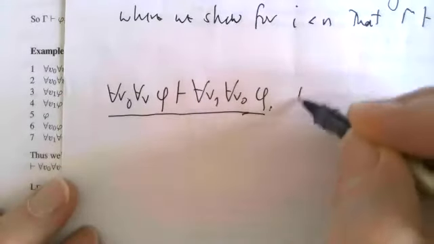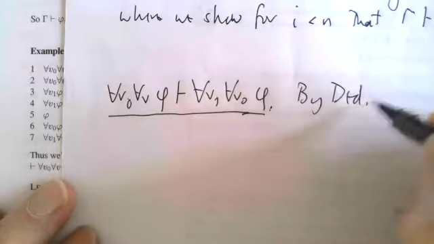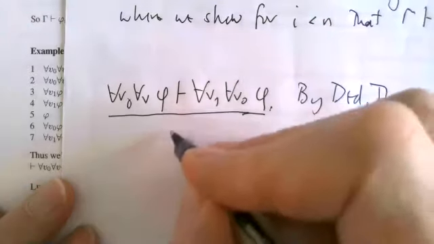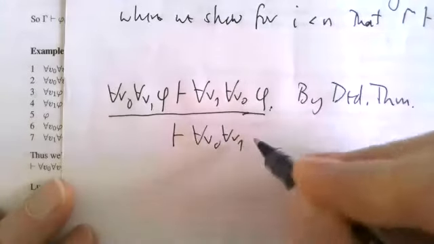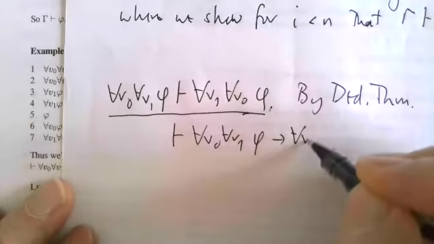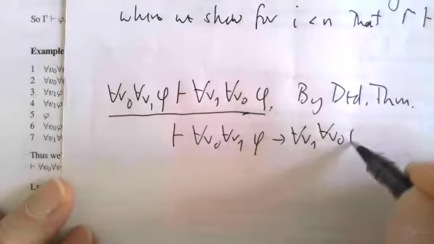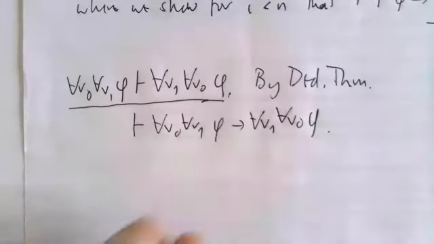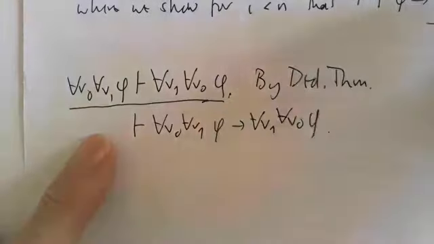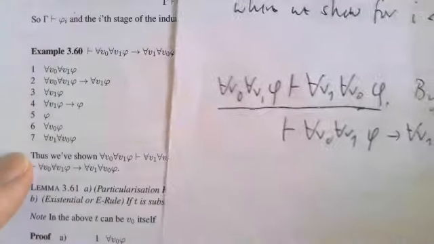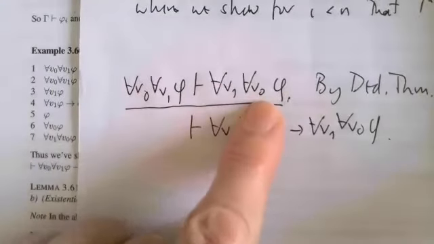Now that I've got the deduction theorem, I can just say by the deduction theorem, I've got this. So this is an outright theorem from no hypotheses here. And the lines in between show you how you get from here to here, from A to B.